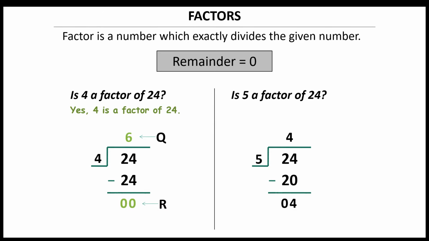So we get the quotient is equal to 4 and the remainder is equal to 4. Since the remainder is not equal to 0, we can say that 5 is not a factor of 24. That's how we find out if a number is a factor of another or not.